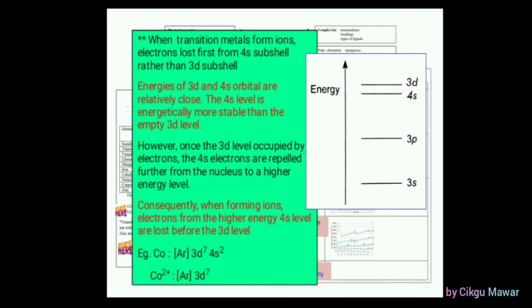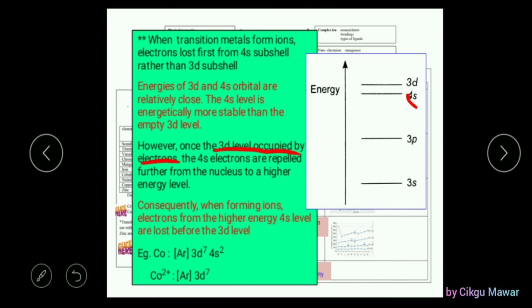However, when the 3d orbital is occupied by electrons, the 4s electrons are repelled further from the nucleus to a higher energy level. This 4s orbital goes further out, so it becomes a higher energy level than the 3d orbital.